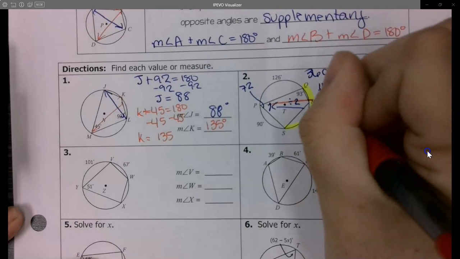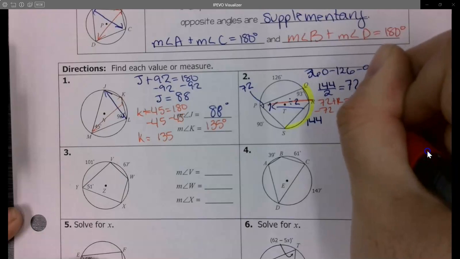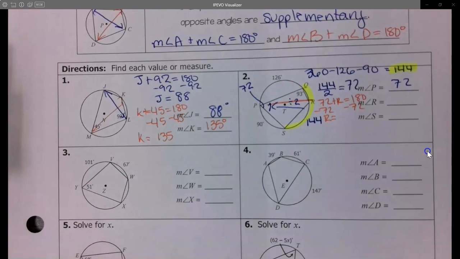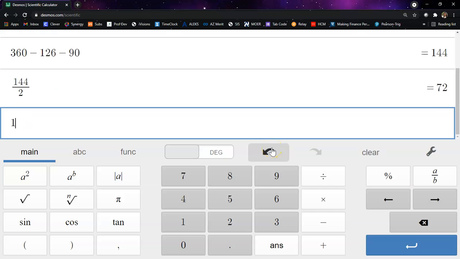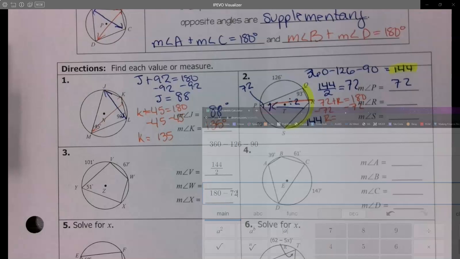So then I want to subtract 72 on both sides. And that gets me R equals 108.